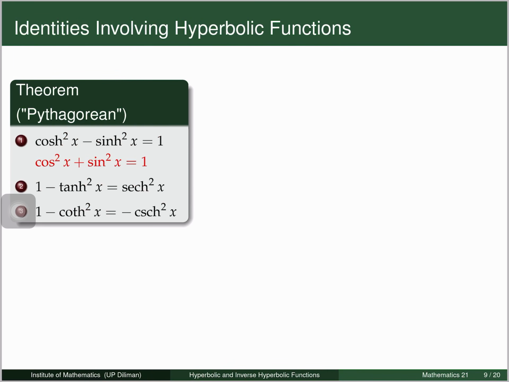So, ang cosh squared x minus sinh squared x ay equal to 1. And since nagbago yung sign nito, mag-iiba din yung iba nating Pythagorean identities relating tanh and sech, coth, and cosech. So, take note lang yung difference nito from the usual Pythagorean identities involving trigonometric functions.